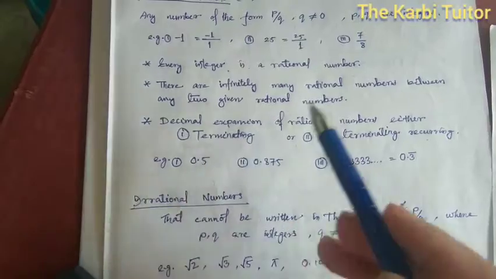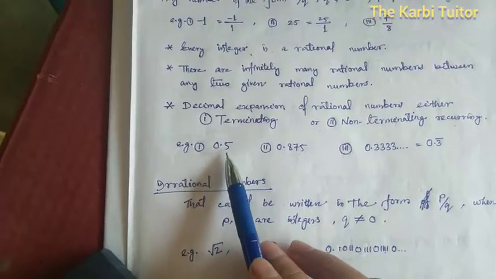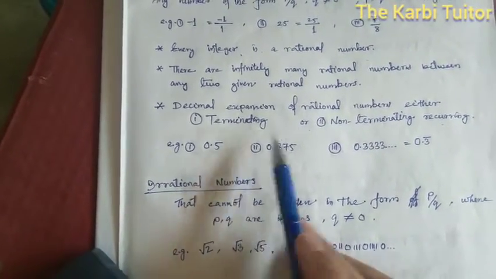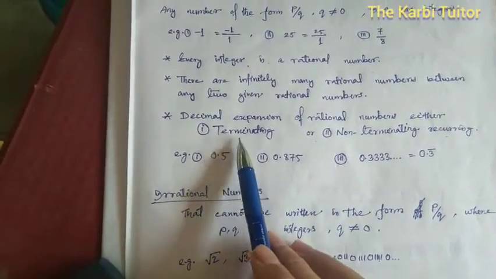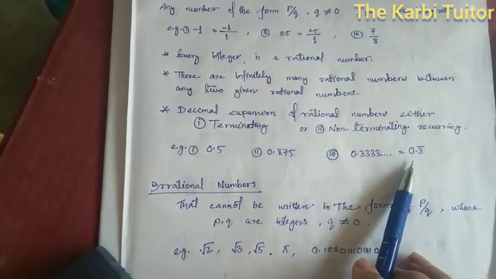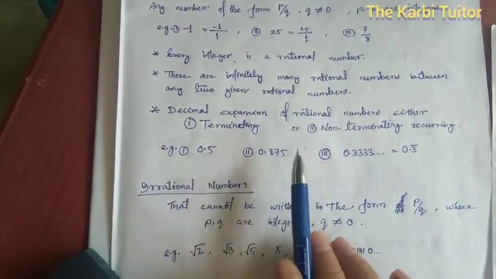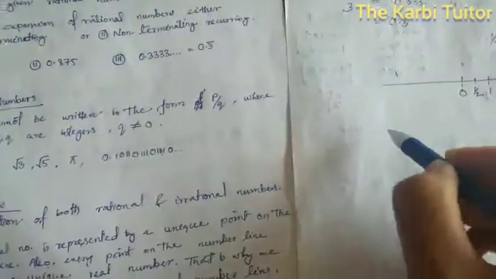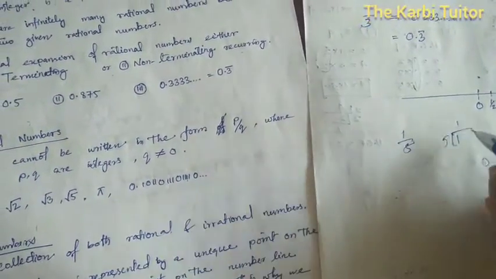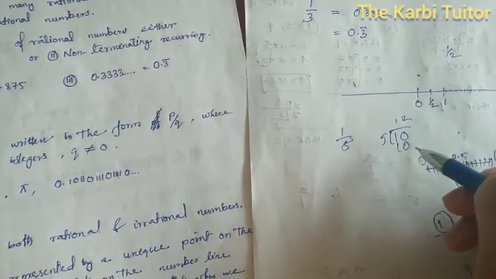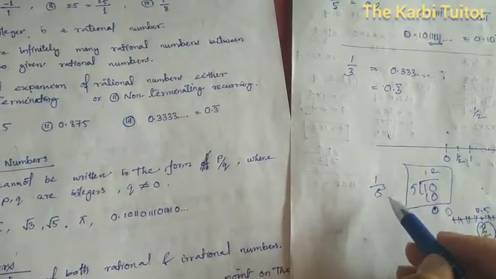In a question on decimal form, terminating means the remainder becomes 0 when we divide. Otherwise the digits repeat, which is recurring. Suppose 1 by 5, 1 upon 5: when we divide, 10 by 5 is 2, the remainder is 0, so the result is 0.2.